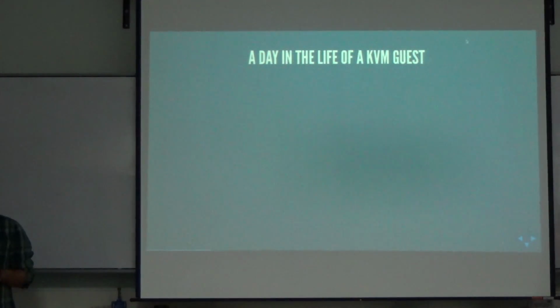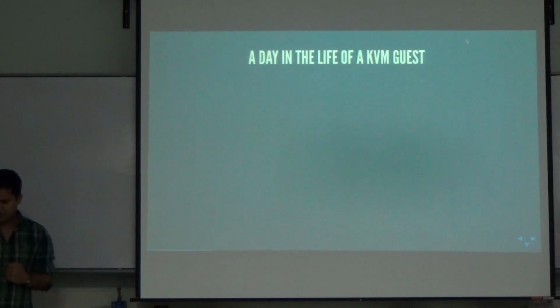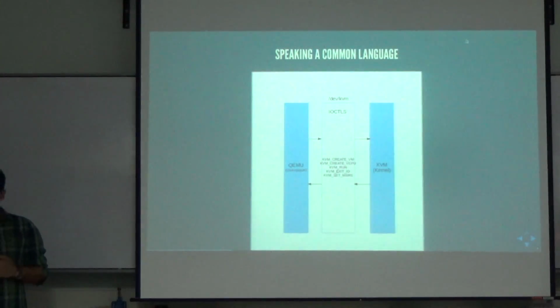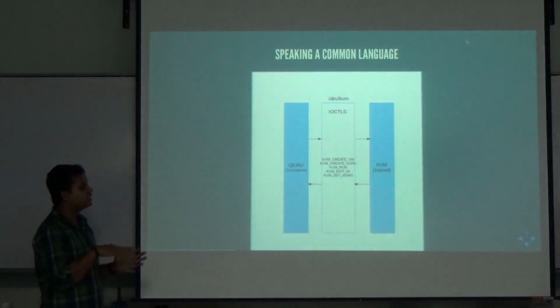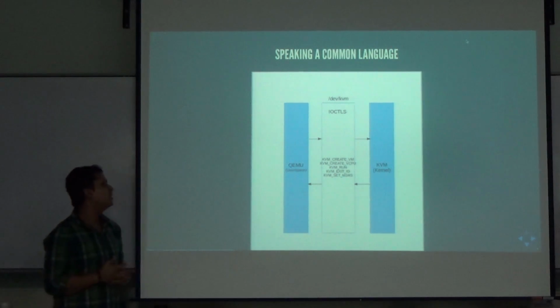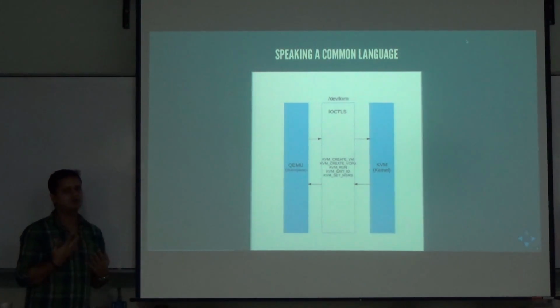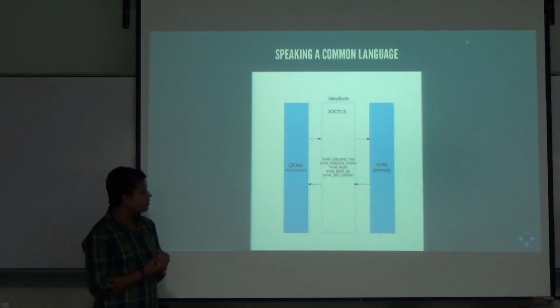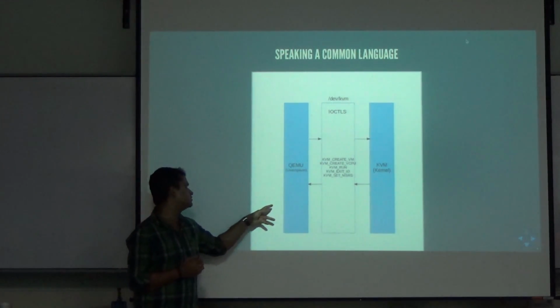So with that, we can take a quick look at what happens when you launch a KVM guest. The first thing to do so that QEMU and KVM can work together is have a set of common ioctls, which are implemented by KVM and understood by QEMU.